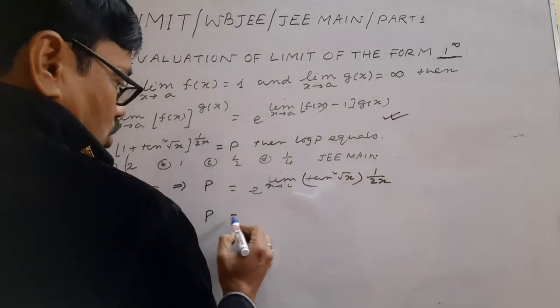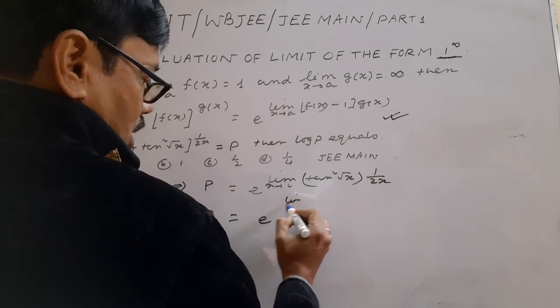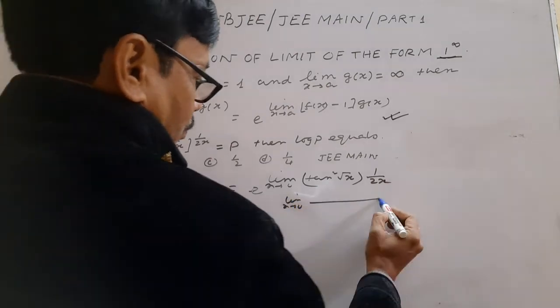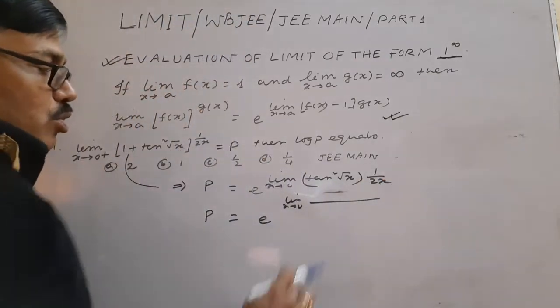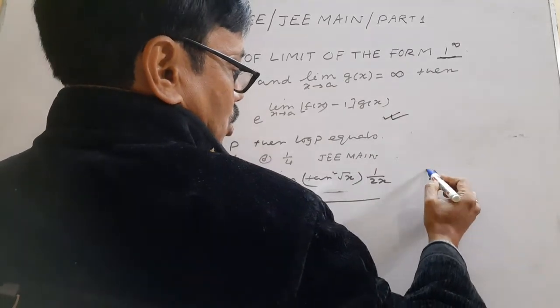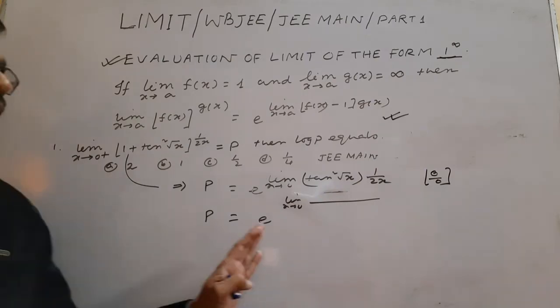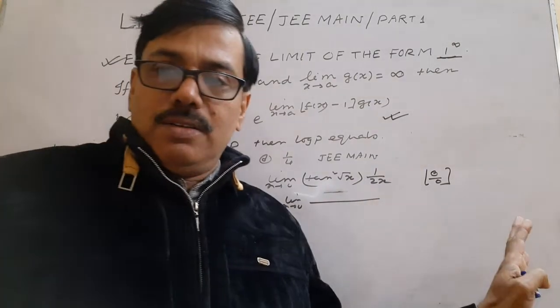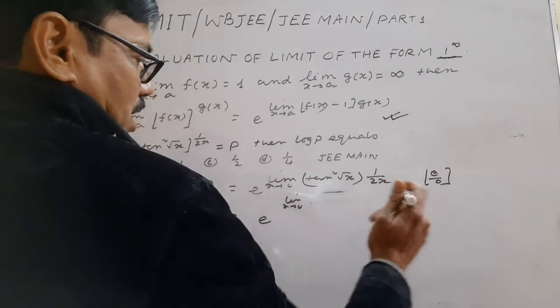So p equals e to the power limit x tends to 0 of tan root x by 2x. So this is 0 by 0 form. So we can use L'Hospital or we can use a standard limit.